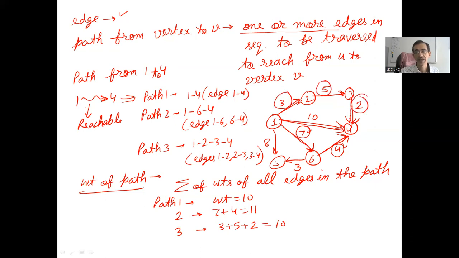So I have 3 paths with 3 different weights. Obviously this can be shortest or this can be shortest. Both are equal. So then obviously I define something known as the shortest path.